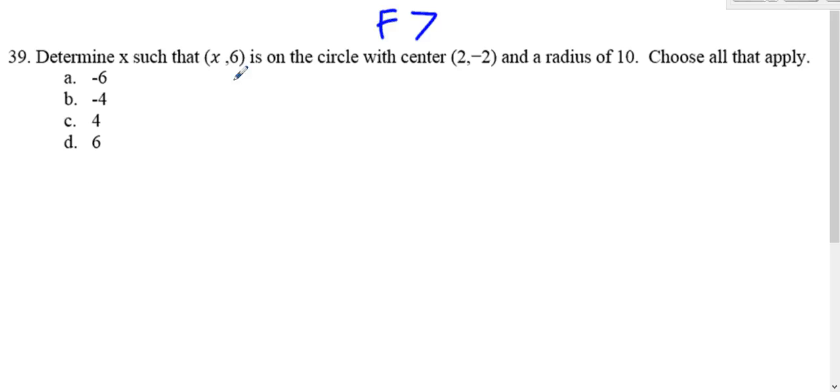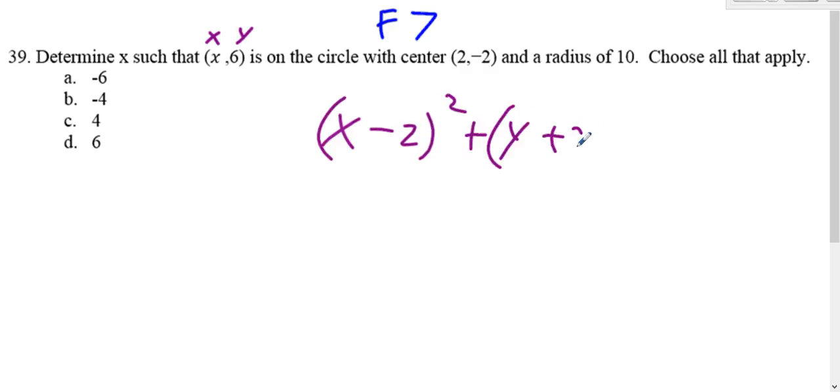Determine x such that x comma 6 is on the circle with center 2, -2, and a radius of 10. So what we're going to do is plug in x and 6 for y into the equation of the circle, which would be x minus 2 squared plus y minus -2 squared equals radius squared. So 10 squared is 100.